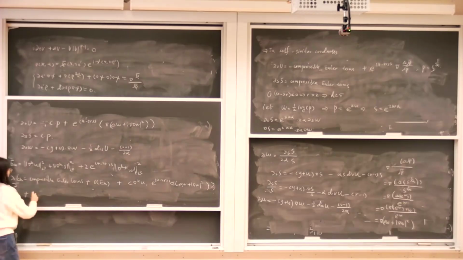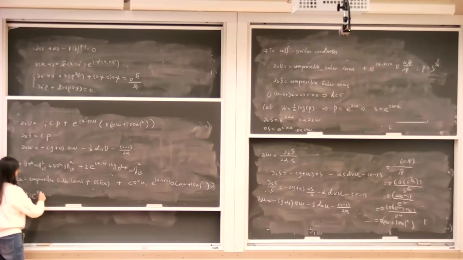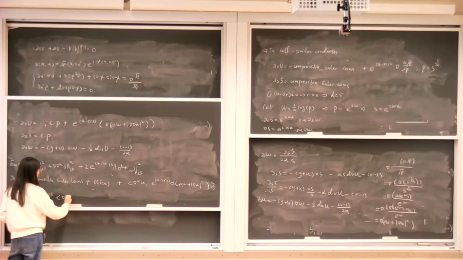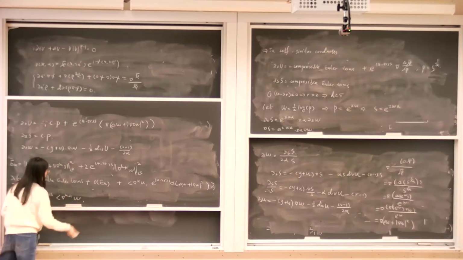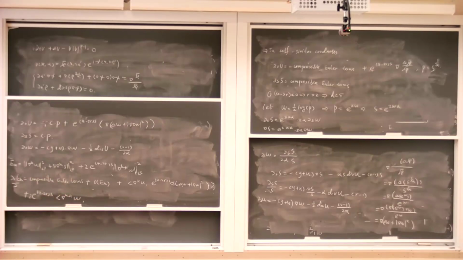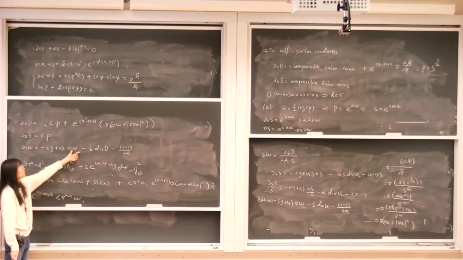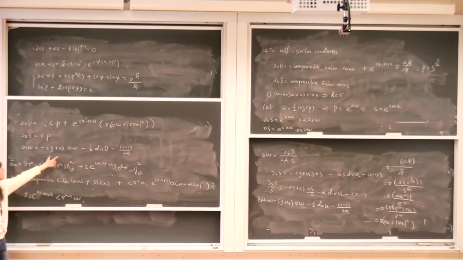So this gives you e to 2s gradient k plus 1 w. So now I will only write down the major terms, which are the terms with high derivative. One major term is k plus 1 derivative hit on here, and another is k plus 1 derivative hit on u, because gradient k plus 1 u is still high order. Here is only gradient k u.